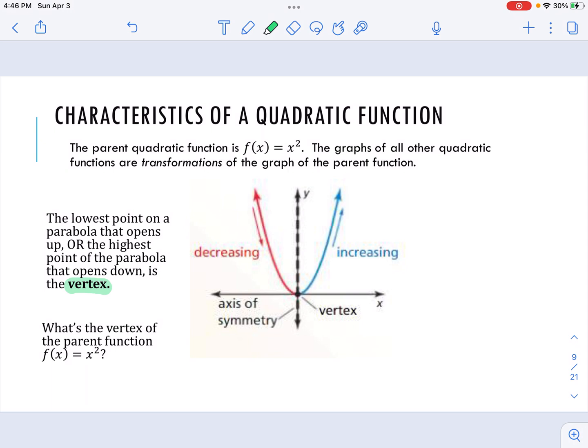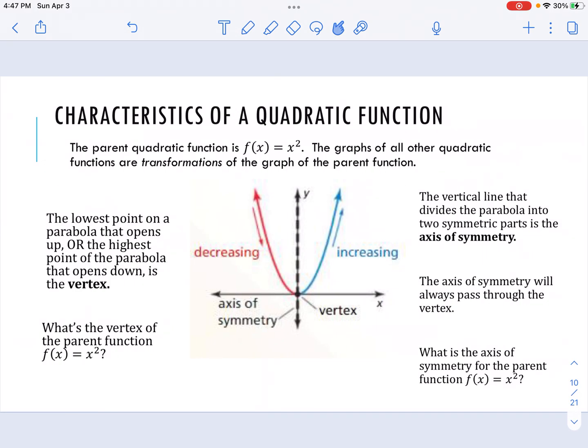Now, as we see in this parent function, my graph is opening up. Since it's opening up, my vertex is that lowest point of that U-shaped graph. Now, remember, whenever we're reading a graph, we start from the left, draw our attention down from the left, and then back up to the right. So when we're looking at the vertex, in this case, my vertex is a min. And our specific vertex is the point 0, 0.